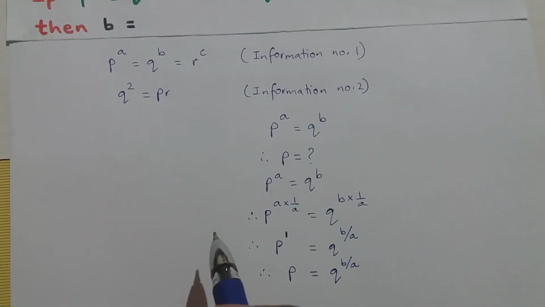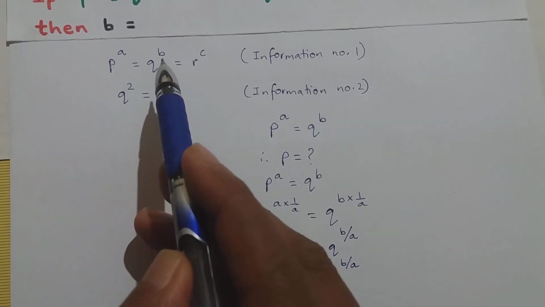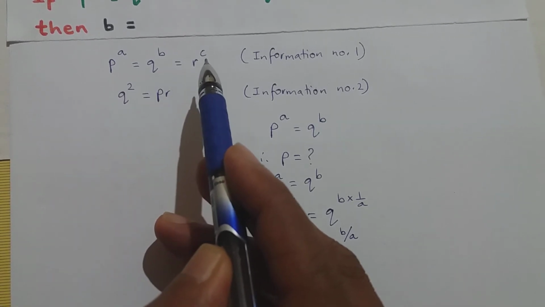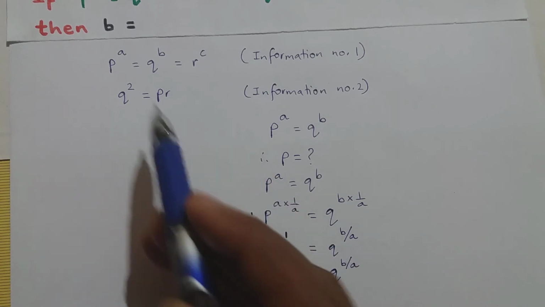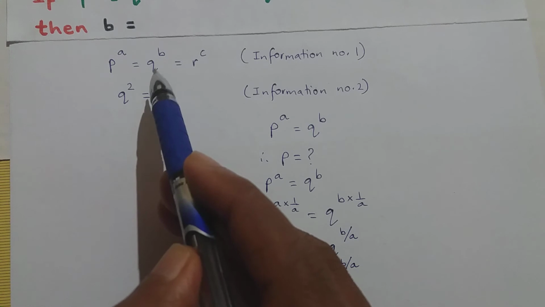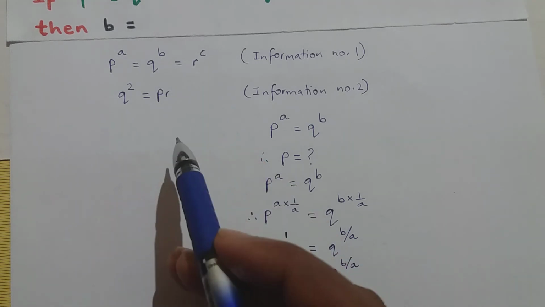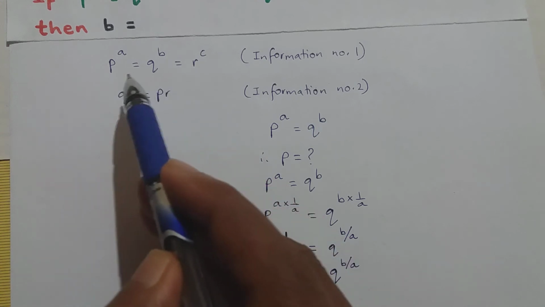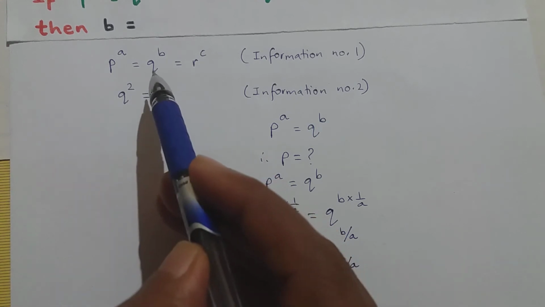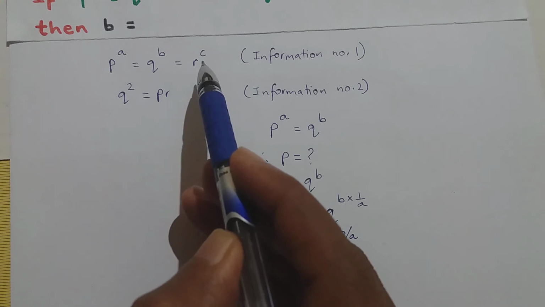I know that p to the power a is equal to q to the power b is equal to r to the power c. So from information number 1 I can say that q to the power b is equal to r to the power c.